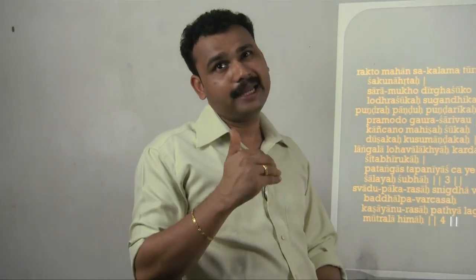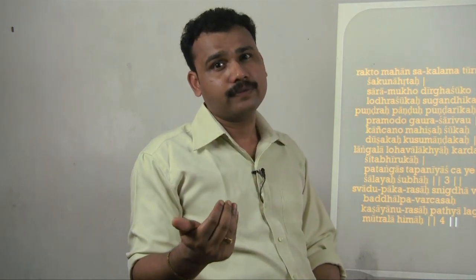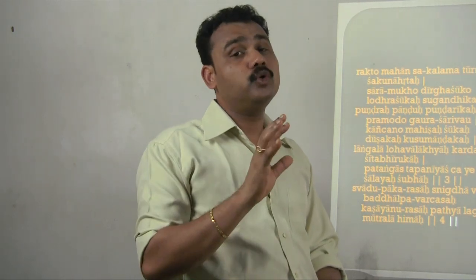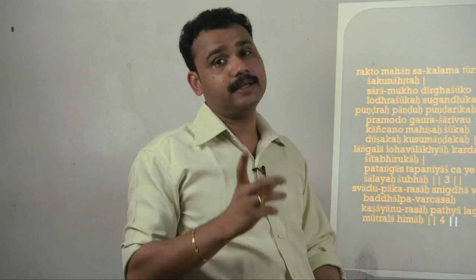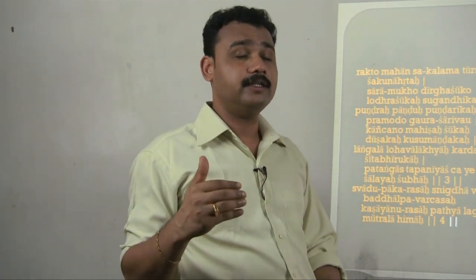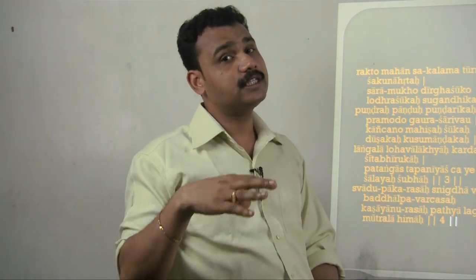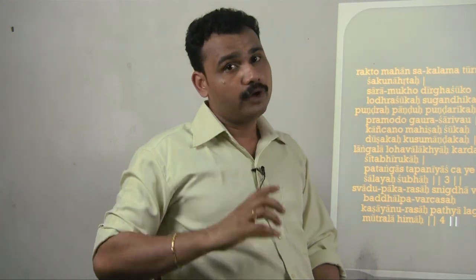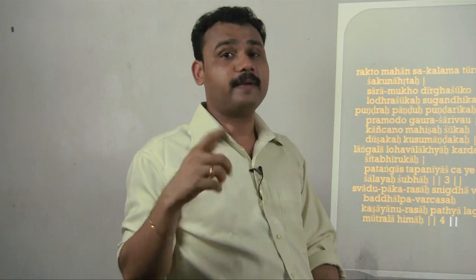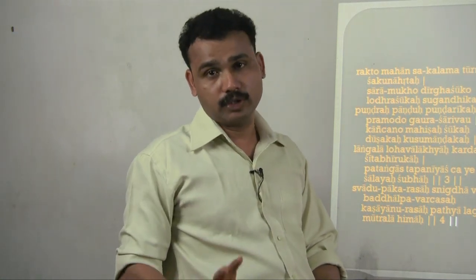Compared to other grains, shali being mutrala, people who use shali rice in excess can easily develop diabetes because it is mutrala. It increases kapha and also pushes it towards the mutravaha srotas. So to have prameha, the consumption of too much rice is not good.